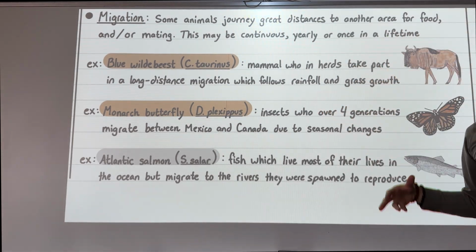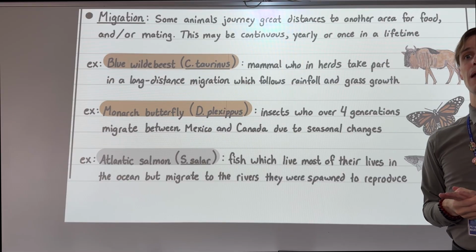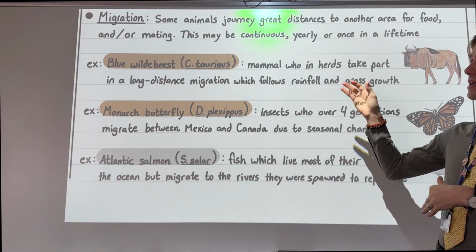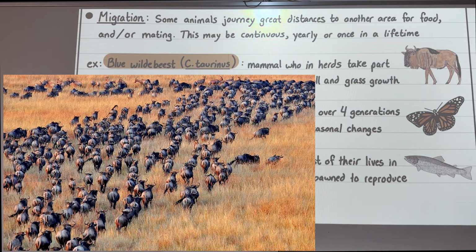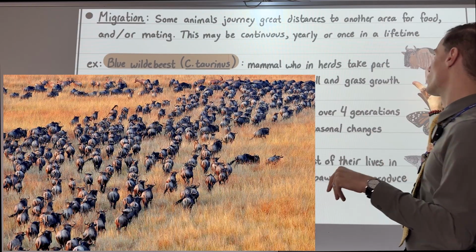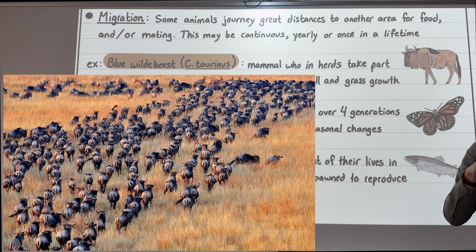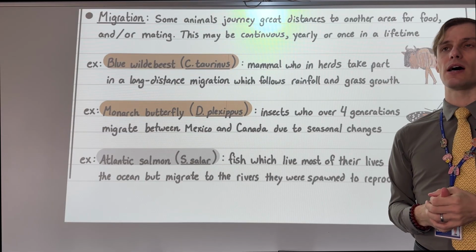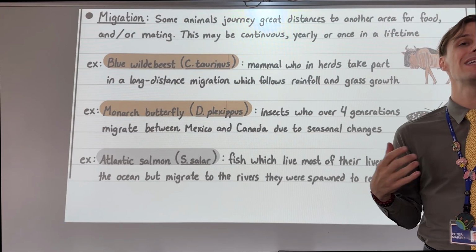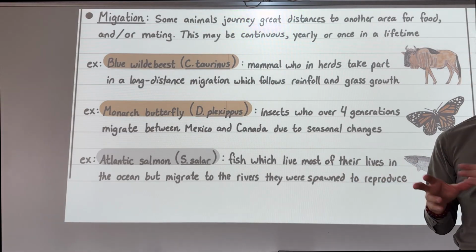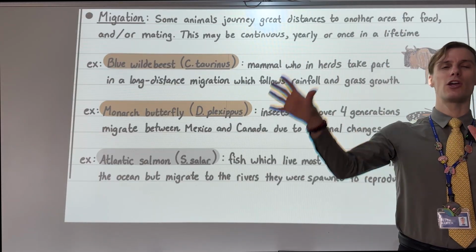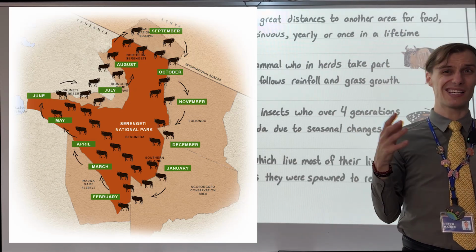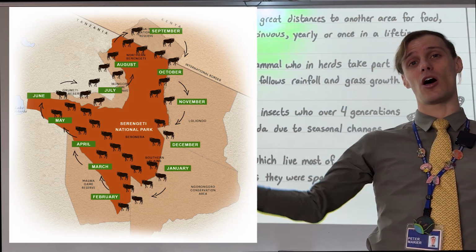So probably one of the most famous and the largest mammal migrations on the planet is that of the blue wildebeest. It's sometimes referred to as the Great Migration. These wildebeest travel in herds of over 1 million. In fact, some of the herds have been counted as over 1.5 million individuals, and they engage in this circular migration across Africa that is over 1,600 kilometers long.